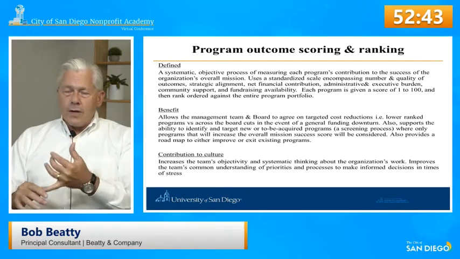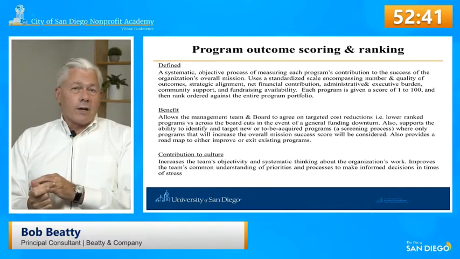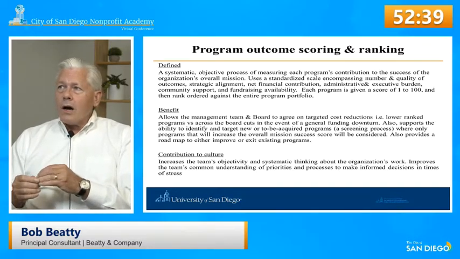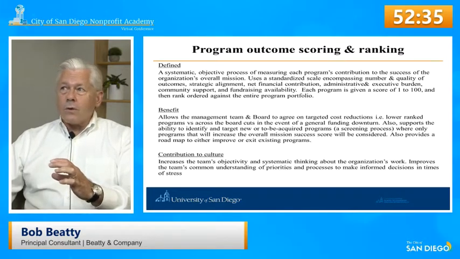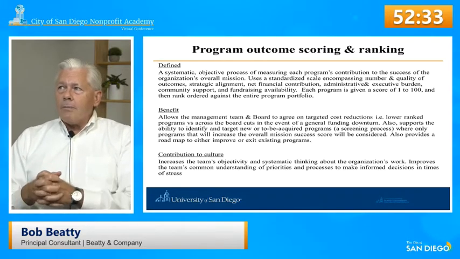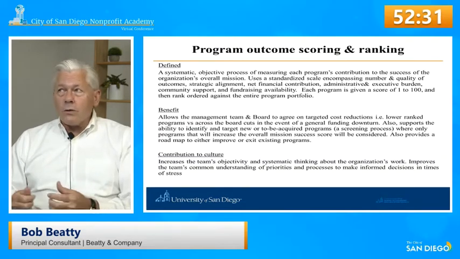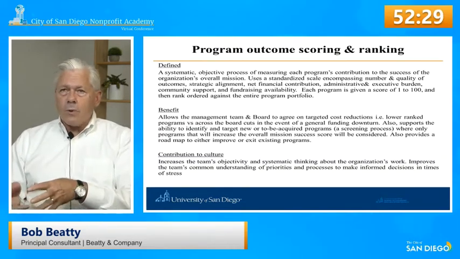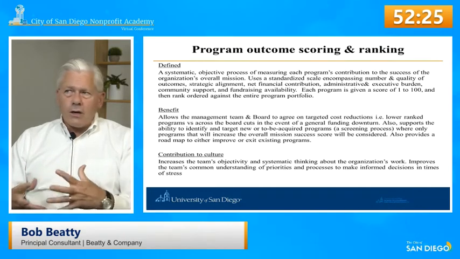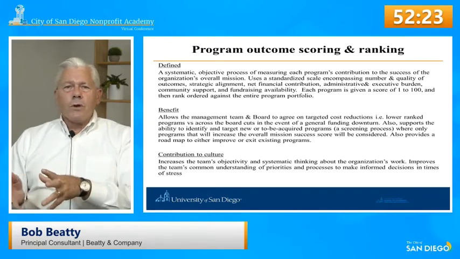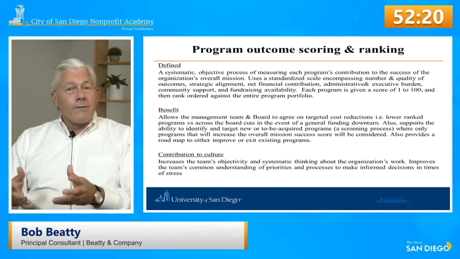But it encompasses the number and the quality of the outcomes you're expected to produce, what the alignment is with that program and the overall strategy, what the net financial contribution is, what the administrative and executive burden is to manage this program ongoing, where the community support is, and what about fundraising availability?